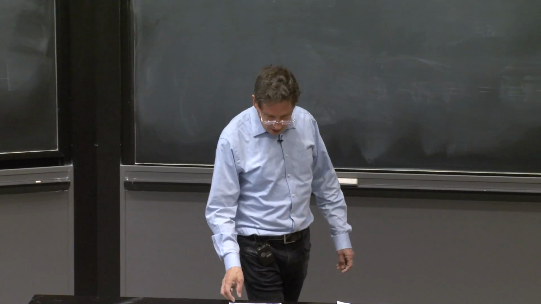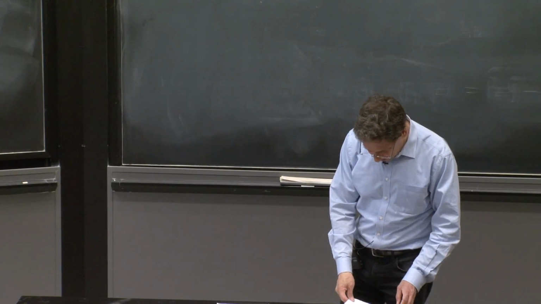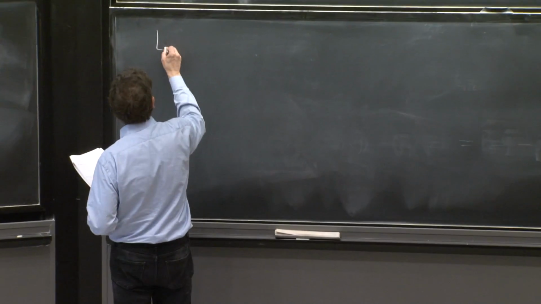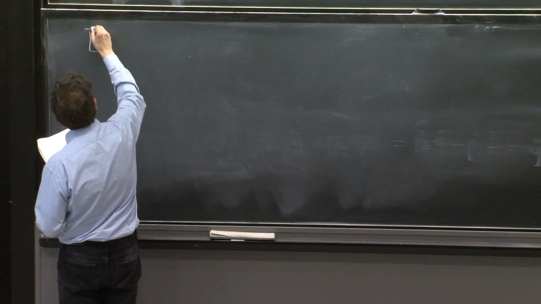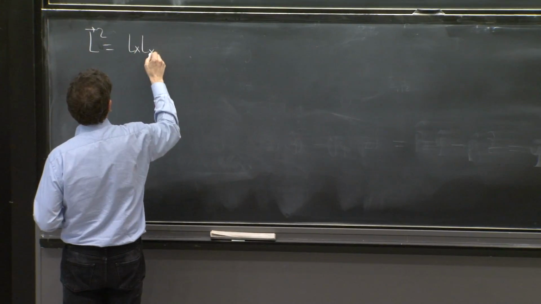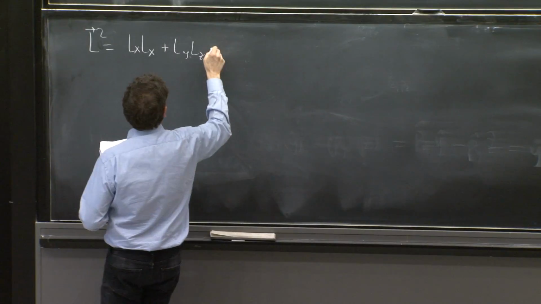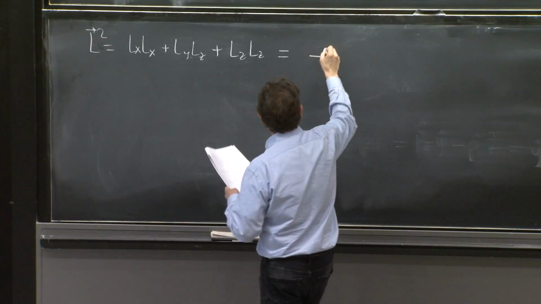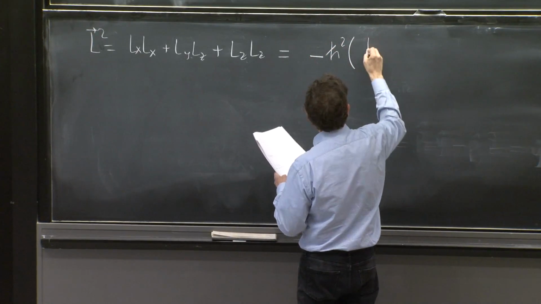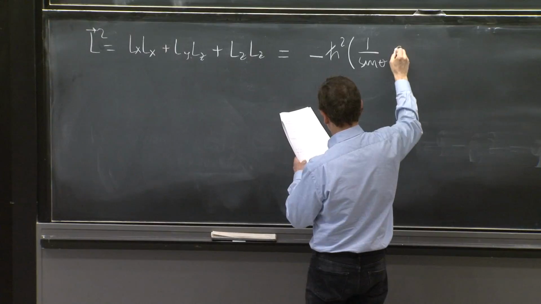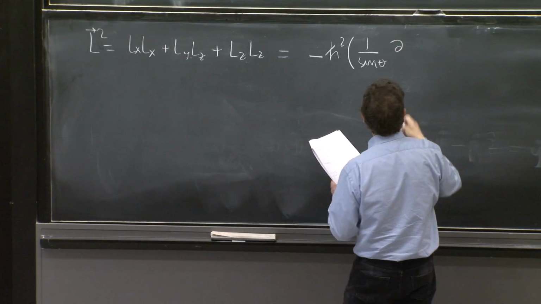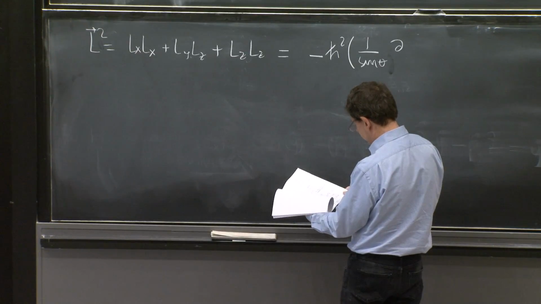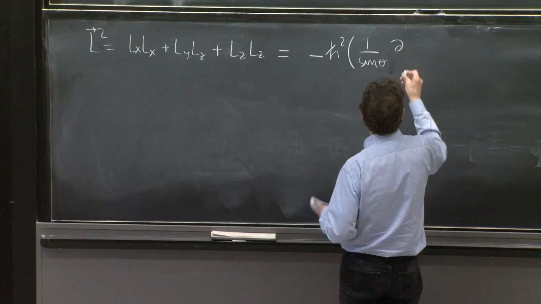So that calculation is left as an exercise, but now you probably could believe that L squared, which is Lx Lx plus Ly Ly plus Lz Lz, is really minus ħ squared times 1 over sine theta d/dtheta. No, it's not 1 over sine theta. Yeah, 1 over sine theta d/dtheta.